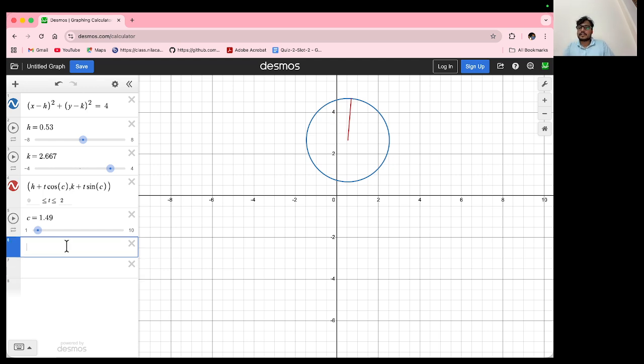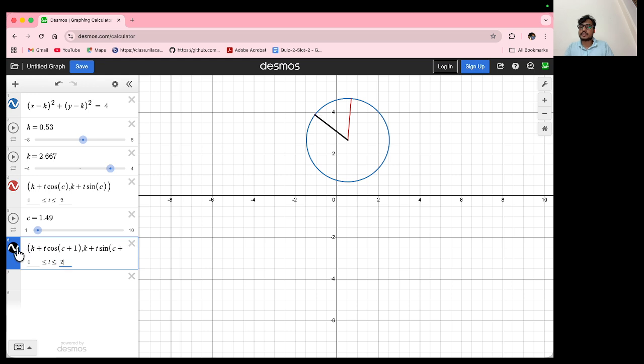Then I want some more axes. To have more axes, I copied that previous expression and added 1 to it. What does it mean?